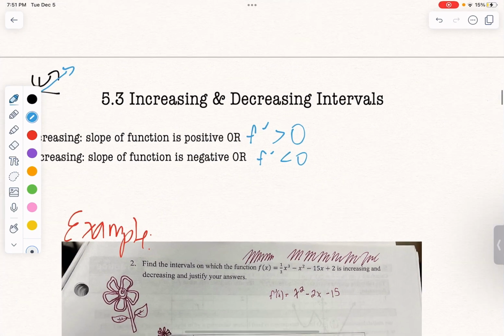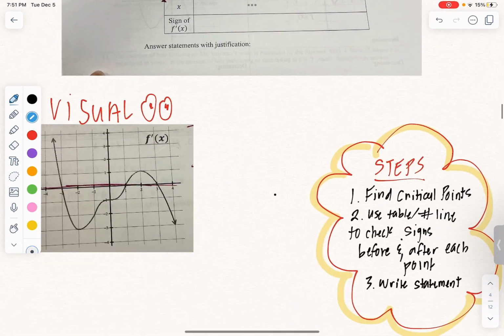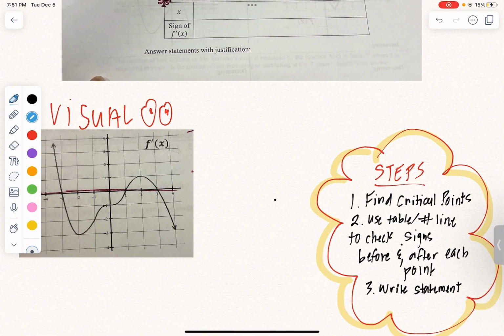So yeah, pretty simple. Now, in order for us to do it, I wrote the steps down here. The first step is to find your critical points by finding the derivative and setting it equal to 0. Step 2 is to use a table or a number line to check the signs. And 3, write a statement.